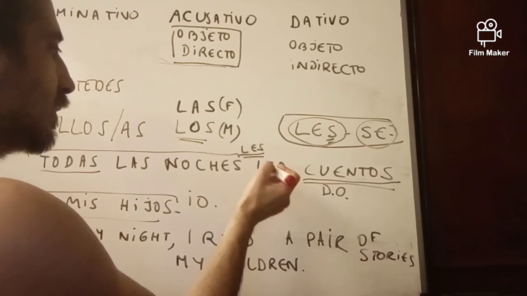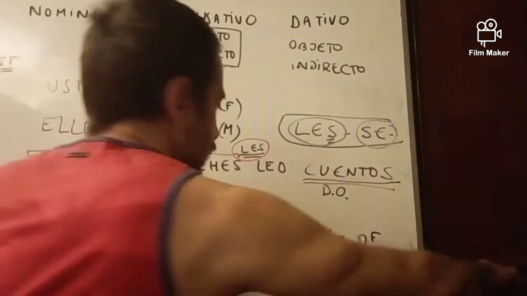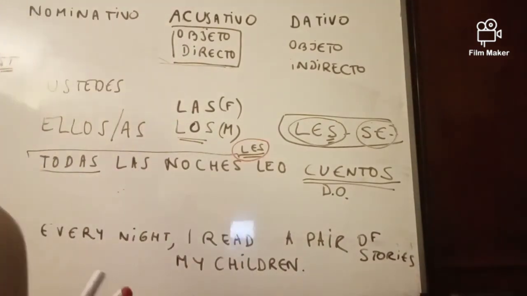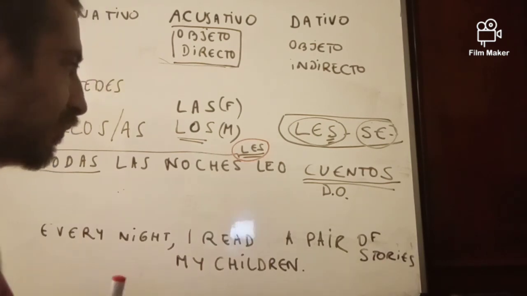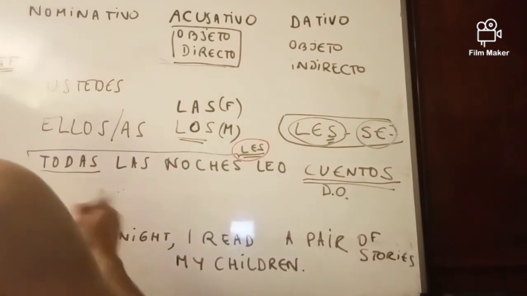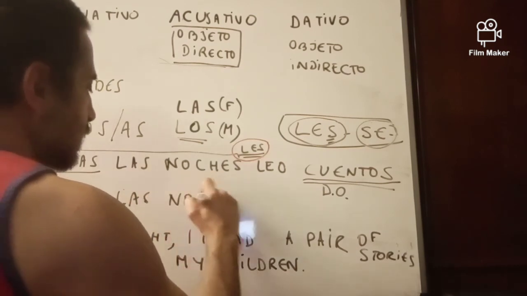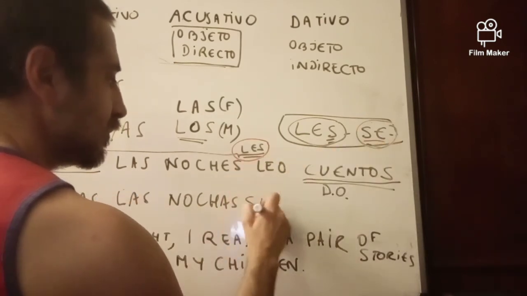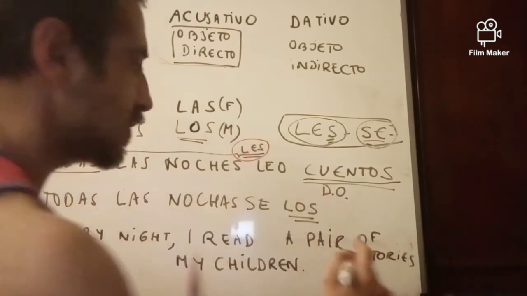So, todas las noches les leo cuentos. Now we have replaced a mis hijos by this pronoun. Todas las noches les leo cuentos. But if we want to replace this, we'll have to say it like this. Todas las noches, instead of les, se. And again, the direct object pronoun next to the verb.